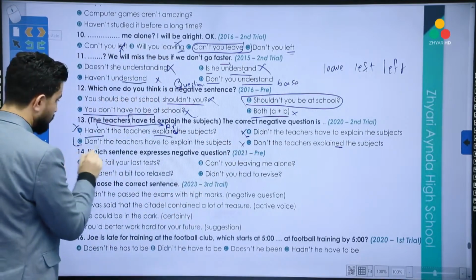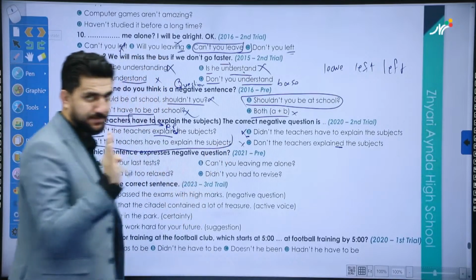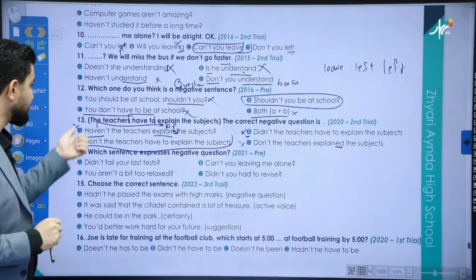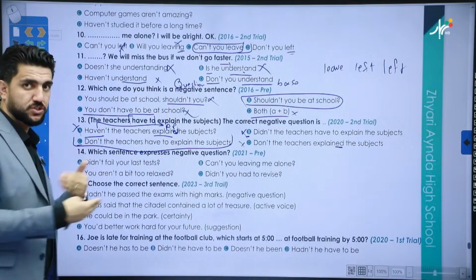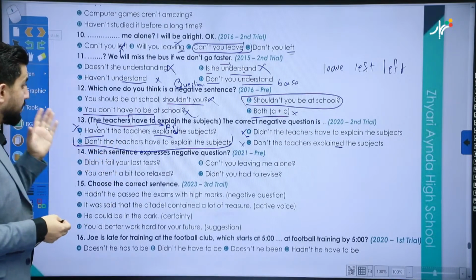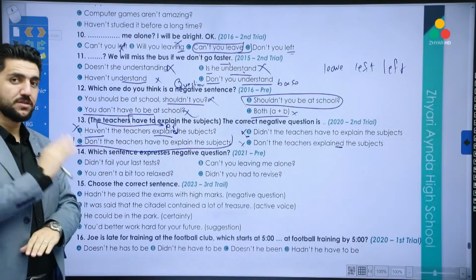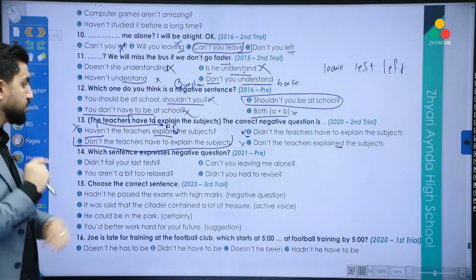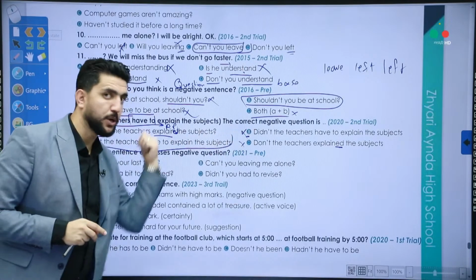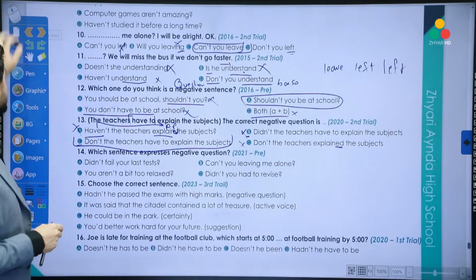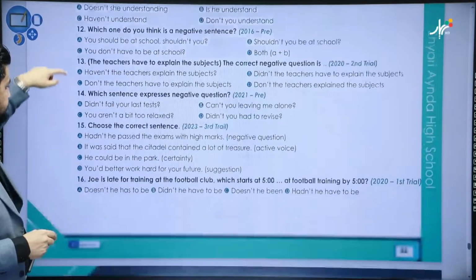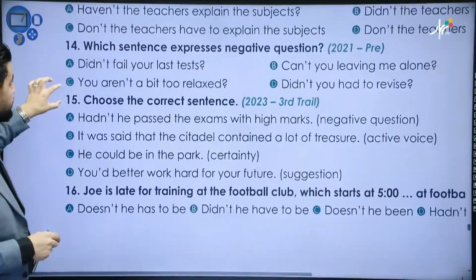So don't would be the correct answer, because of the sentence. So be careful. Sometimes these kind of questions come out in the exam. So be careful. You go back to the question, is it present or past? Then you decide, because these two are both correctly formed. Okay? Now, let's go to number 14. Okay, number 14.